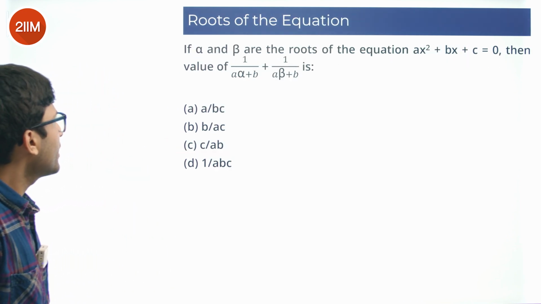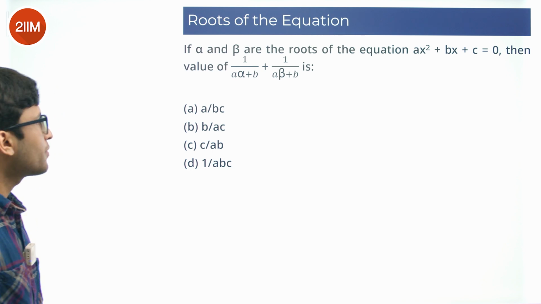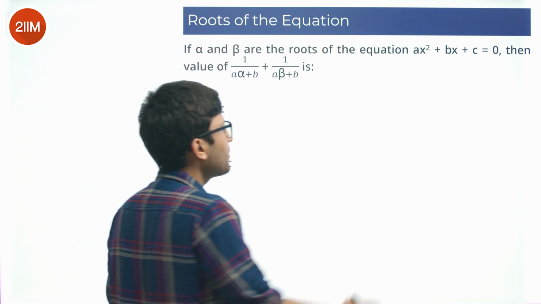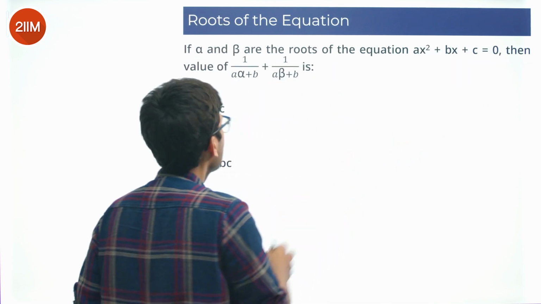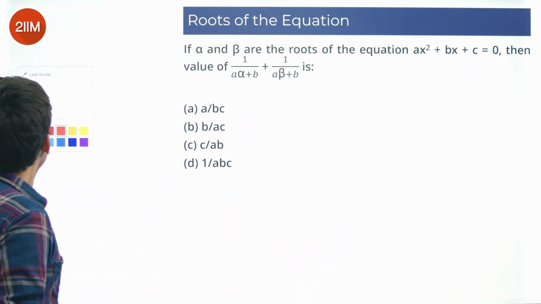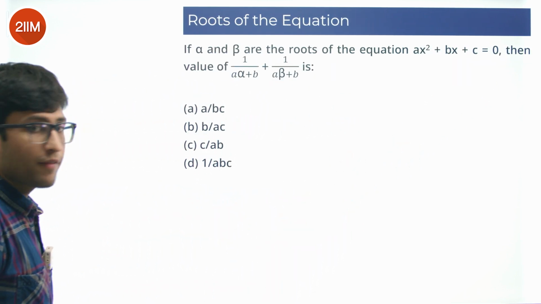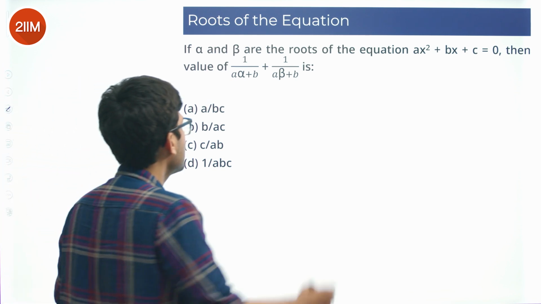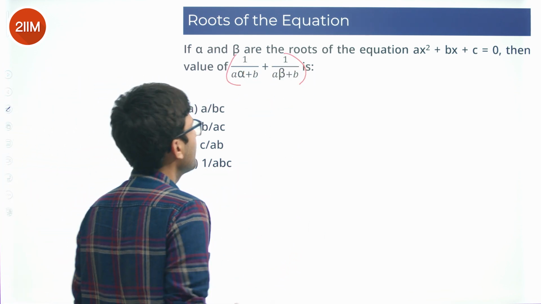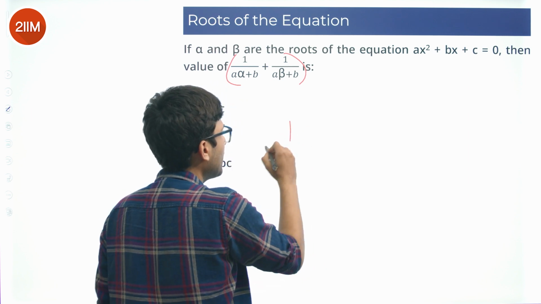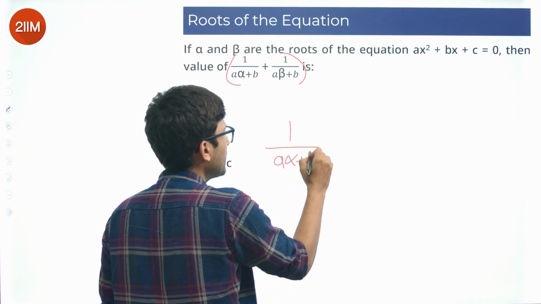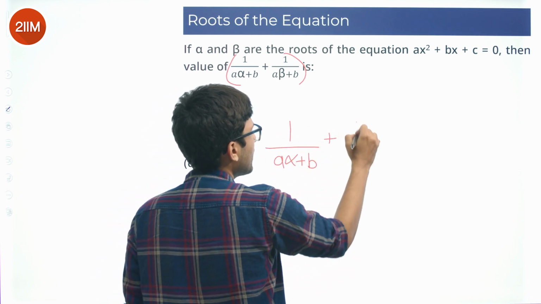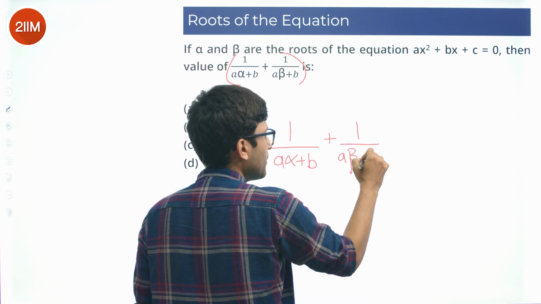Roots of the equation. If alpha and beta are the roots of the equation ax square plus bx plus c, then what is the value of 1 by a alpha plus b plus 1 by a beta plus b? So this is the value which we need to find out. First of all, let's simplify it. 1 upon a alpha plus b plus 1 upon a beta plus b.